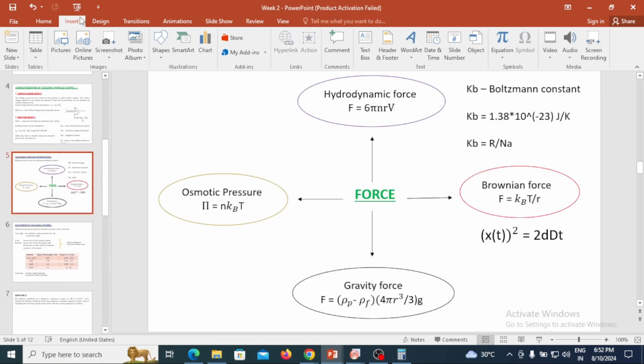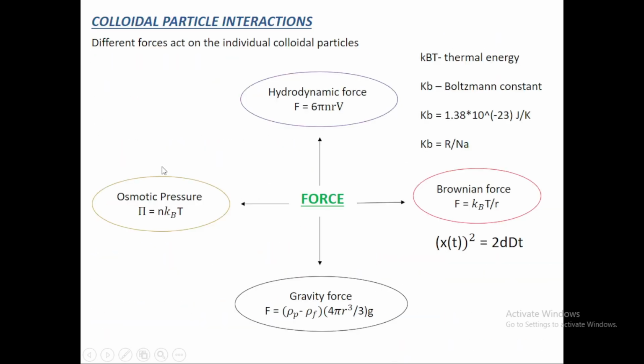Next, the last force that we have to discuss is called the osmotic pressure. When these particles are in random motion, apart from colliding with the suspending particles and with other particles of the same nature, there are also chances that they collide onto the walls of the surface. The force that the particles exert on the surface of the wall per unit area is called the osmotic pressure, which is given as pi equals N kBT.